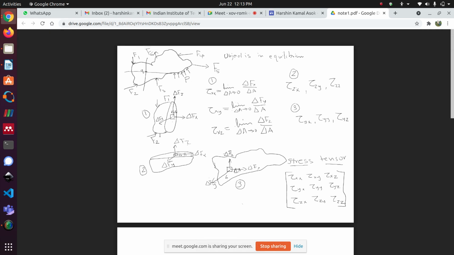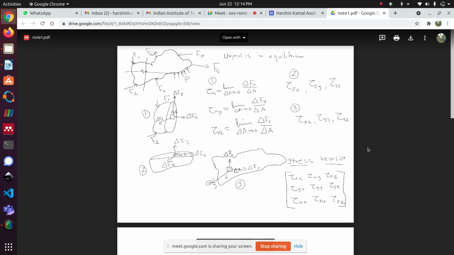And we have defined force per unit area, or what we usually call stress, in each of the planes in all 3 directions. So 3 directions in the plane perpendicular to the x-axis, 3 directions in the plane perpendicular to the y-axis, 3 directions in the plane perpendicular to the z-axis.